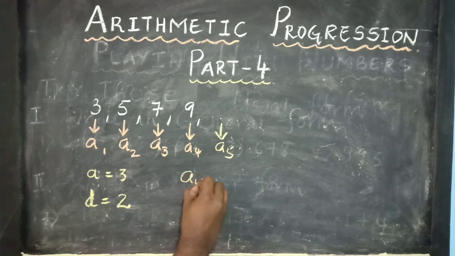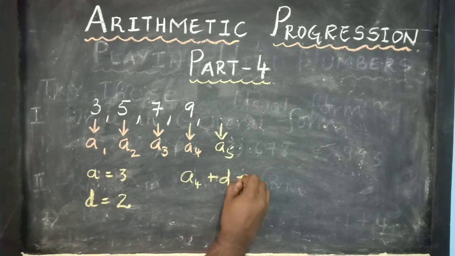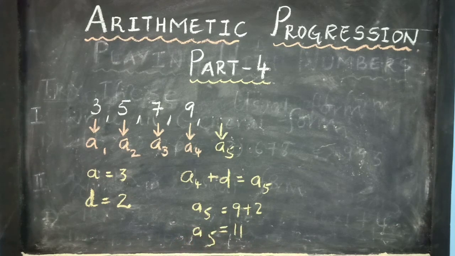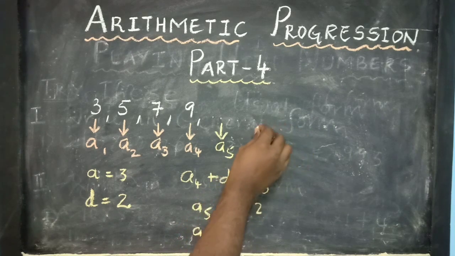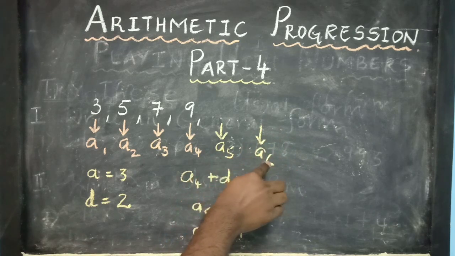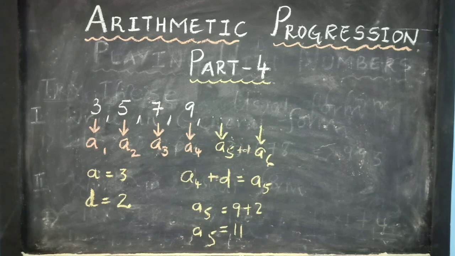For the fourth term you will add D to get the fifth term, that is A5 equals, what is A4? That is 9 plus 2 equals 11. In the same way, what if I ask you to find out the sixth term? For the fifth term, you will add D to get the sixth term.